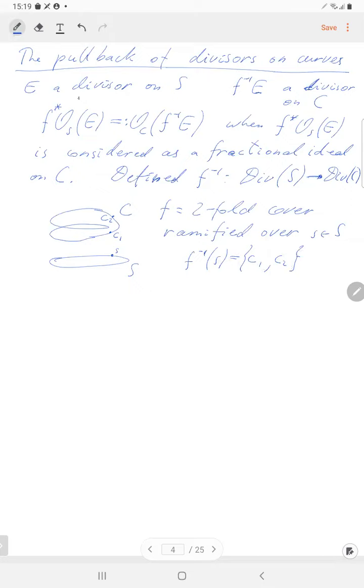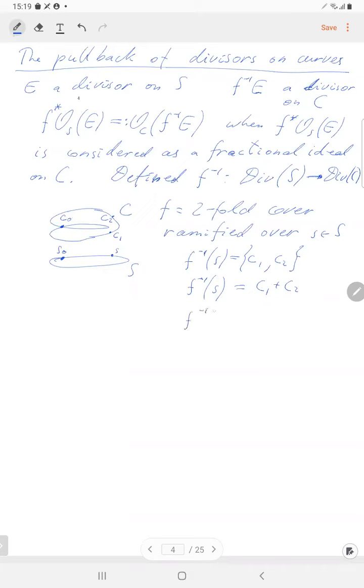But then from the point of view of divisors, if I take an effective divisor consisting of just 1 point, then I get the divisor upstairs, the sum of the points in the pre-image. This is very natural, but if I take a point here where we have a ramification, then its pre-image will be just 1 point C0.